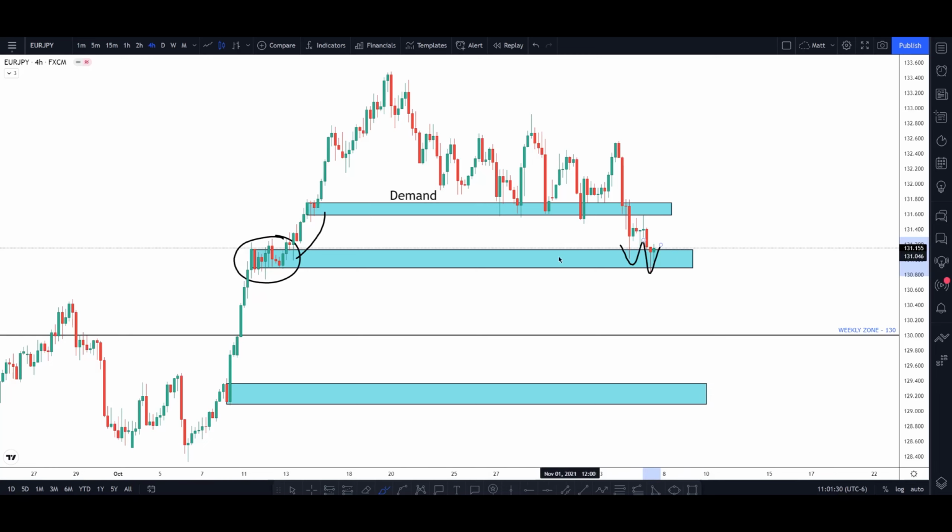So this is one reaction to this region of demand, and then here's a lower one that hasn't been tested yet. However, we can see that we had a base where price action accumulated pretty tightly before we saw a strong impulsive move. And so if price action were to retest this level, there's a good chance that we would see some type of good reaction once these levels are tested.